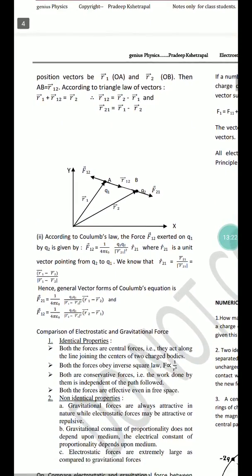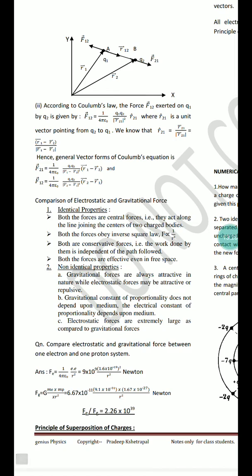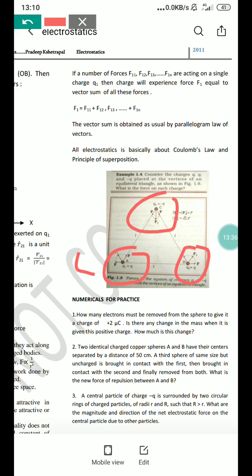And after that we have the superposition principle. In the superposition principle, if we have many charges, like Q1, Q2 and Q3, three charges, or any number of charges, then the force on a charge is defined as F1, the force on the first particle.